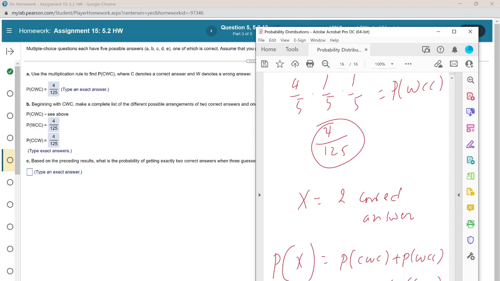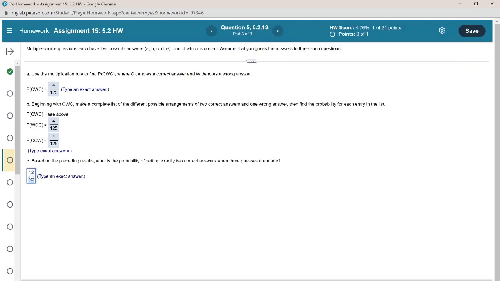All these possibilities, we are going to add them, which is 4 out of 125, 3 times. This gives you 12 out of 125.